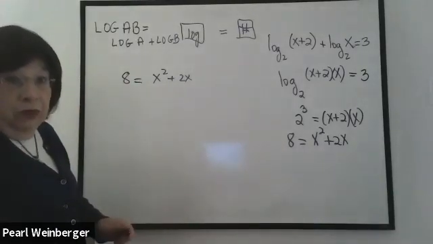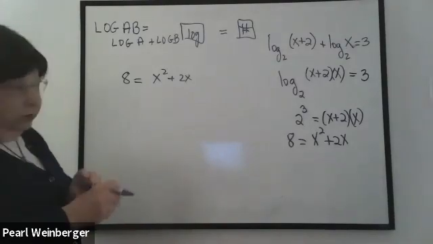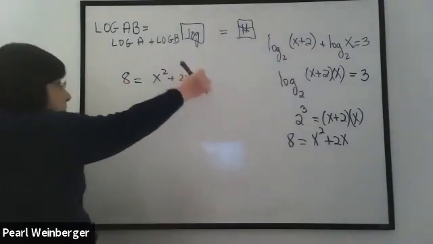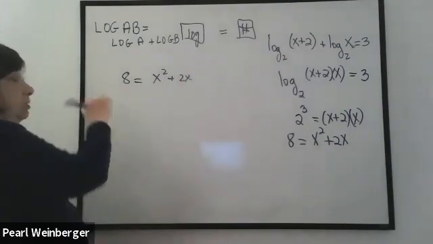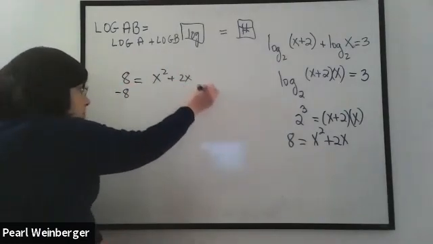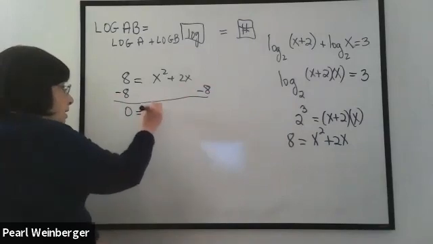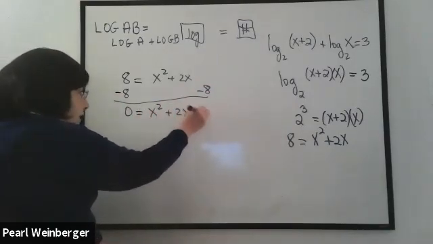And I want to solve the quadratic equation by setting it equal to 0 so I can try and factor. And it's just easier to bring the 8 to the right side than to bring everything else to the left side. So I'm going to subtract 8 from both sides, which will give me 0 equals x squared plus 2x minus 8.